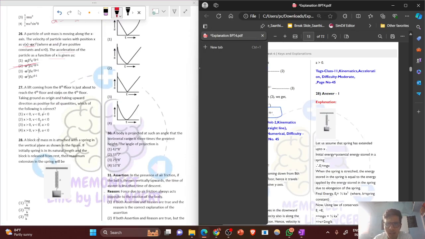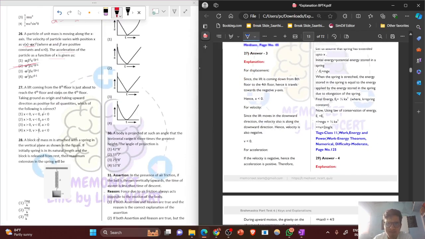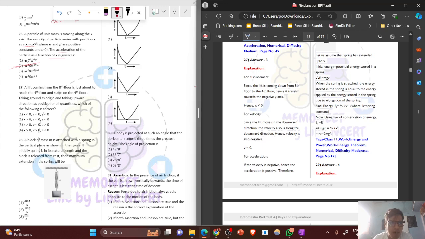with question number 27. If a lift coming from the 8th floor is just about to reach the 4th floor and stop on the 4th floor, taking ground as origin and upward as positive, which of the following is correct? X is positive, negative, negative, negative. If the lift is coming from the 8th floor, just about to reach the 4th floor, this is the 8th floor, this is the 4th floor, stopping over there, taking ground as origin, and upward as positive.